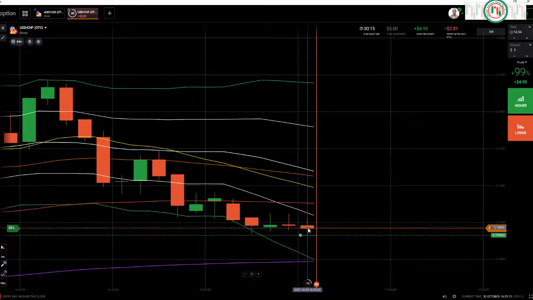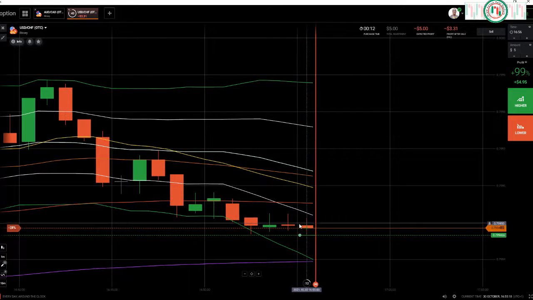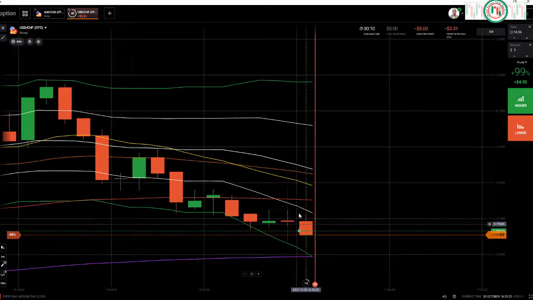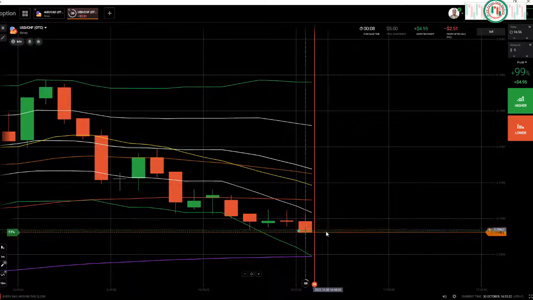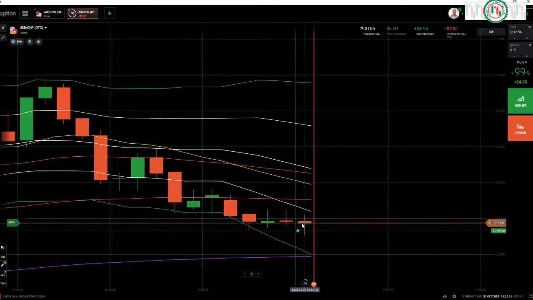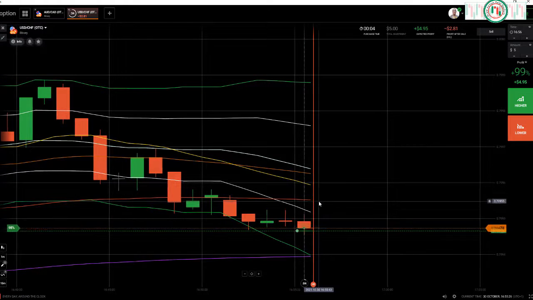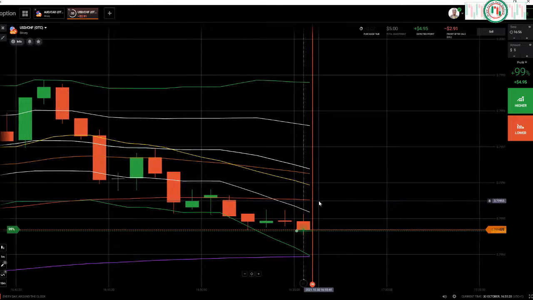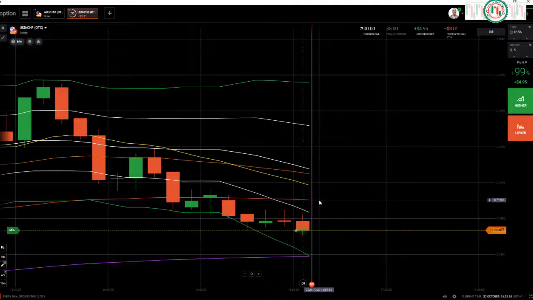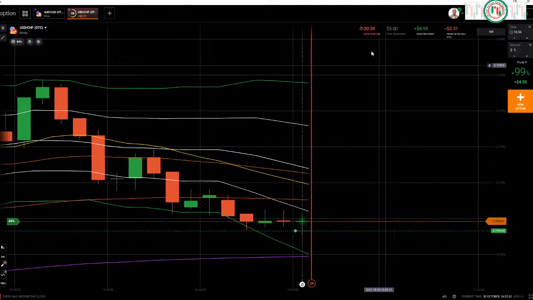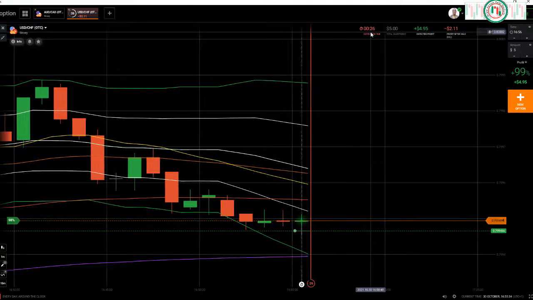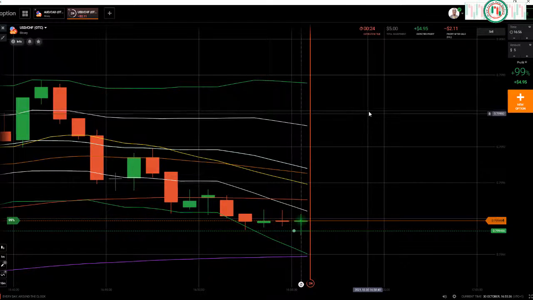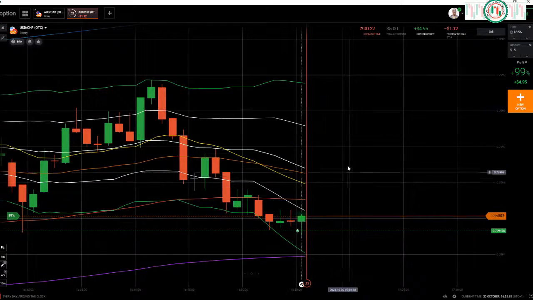This candle must be a weak or green candle. So that's why I place a call option. So let's see. We have 27 seconds.